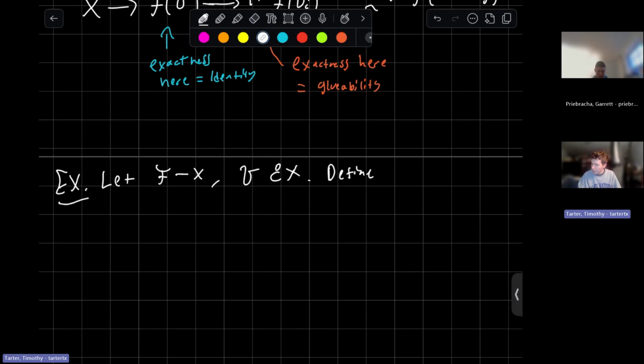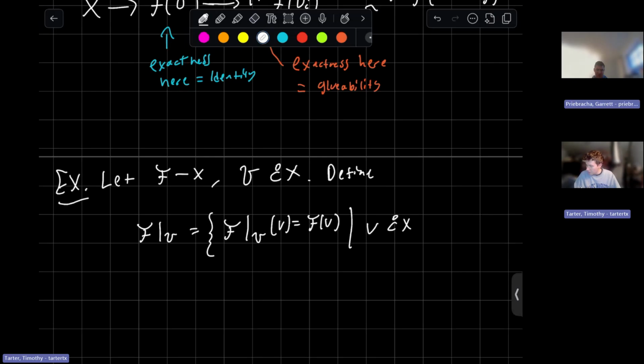Define the restriction of F to U to be the collection of restriction maps F_U of V equal F of V, where V is an open subset contained in U. Change an X or you?